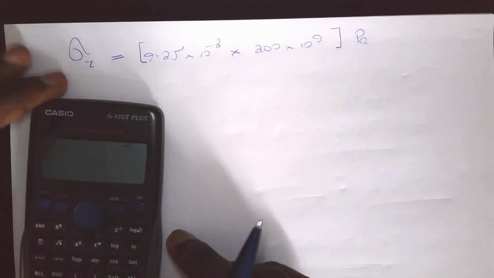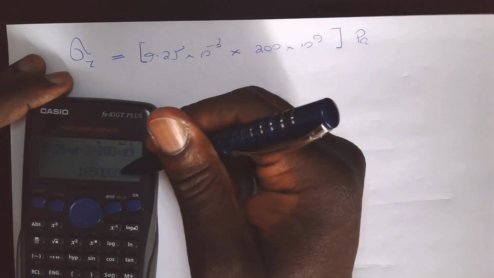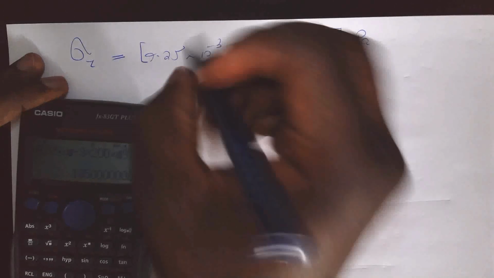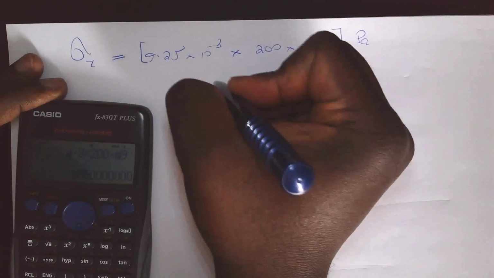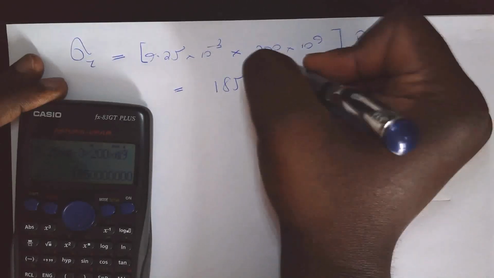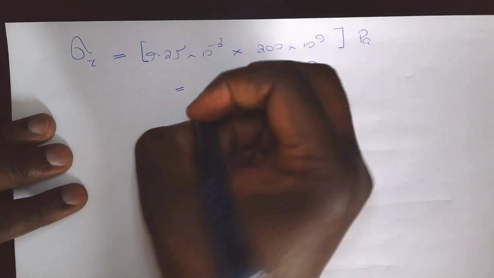There we go. Thought my calculator was dead. So 9.25 times 10 to the minus 3 times 200 times 10 to the 9, and that would be approximately 185 times 10 to the power of 7 Pa, so that is quite large.